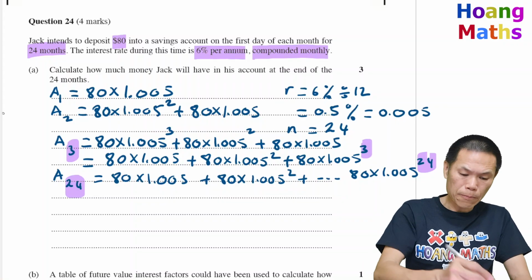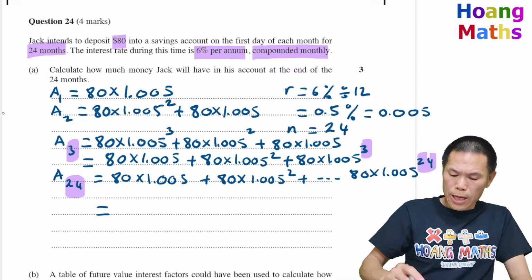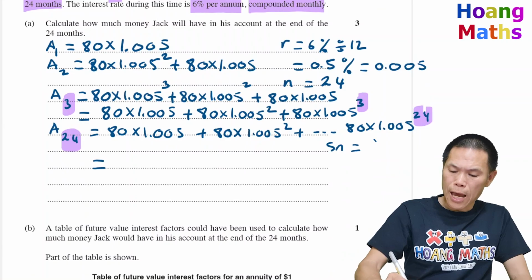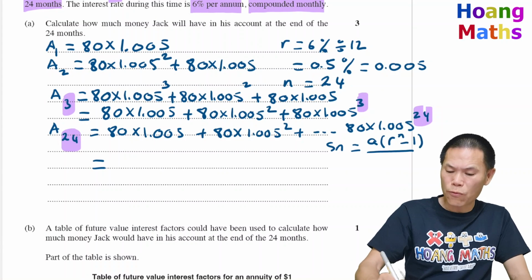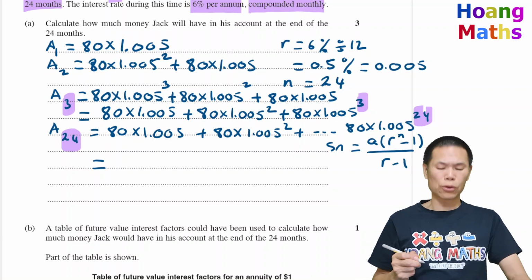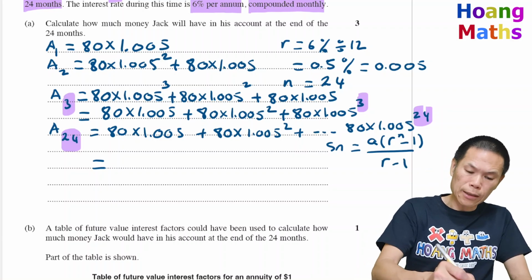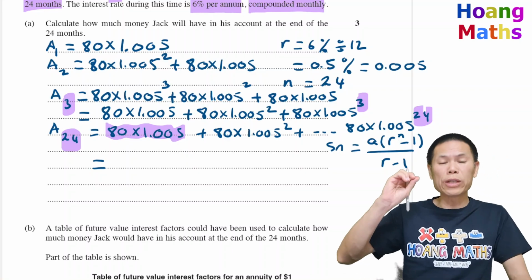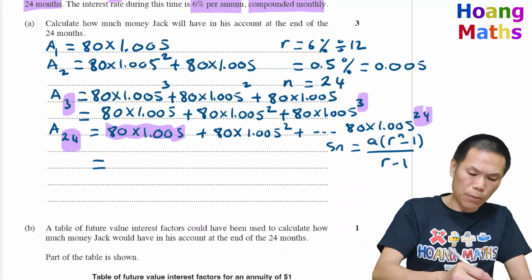So that is equal to, and we know that Sn is a times (r to the power n minus 1) over (r minus 1). I just use this rule. A is this. R is 1.005. Keep that in mind.